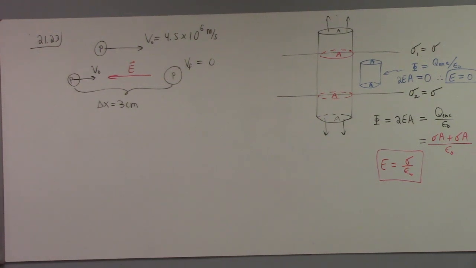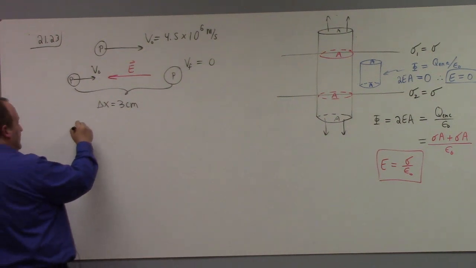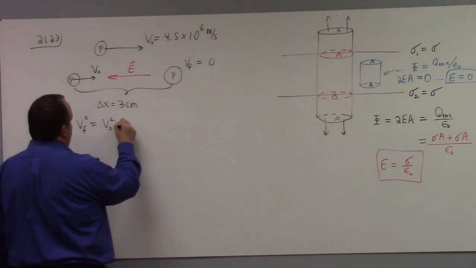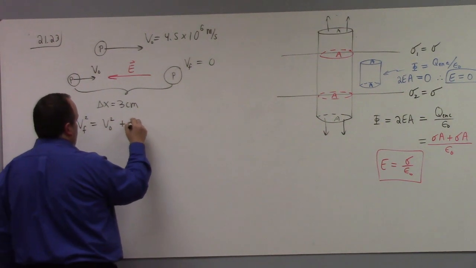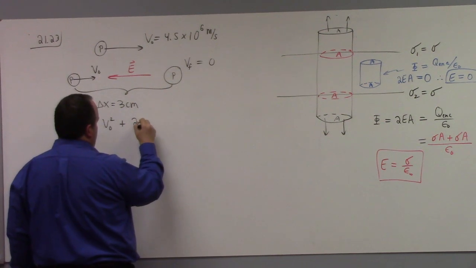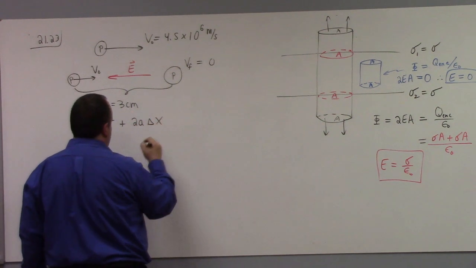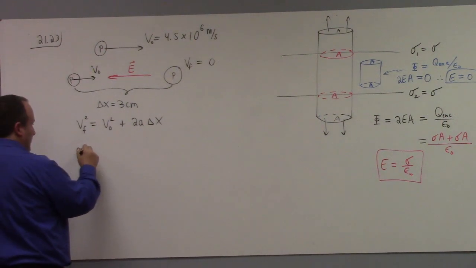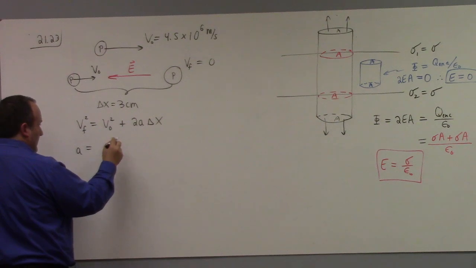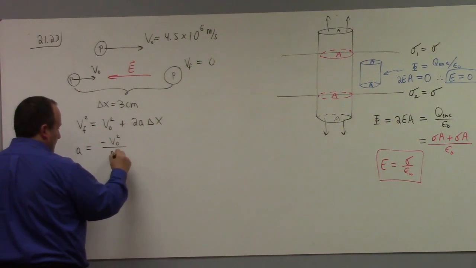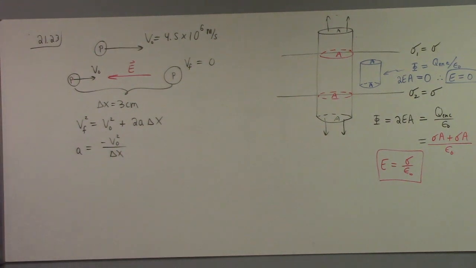So I do Vf squared equals V naught squared plus 2a delta x. Of course, the a is going to be negative. So apparently, the acceleration we want is minus V naught squared divided by delta x. That's the acceleration we're after.